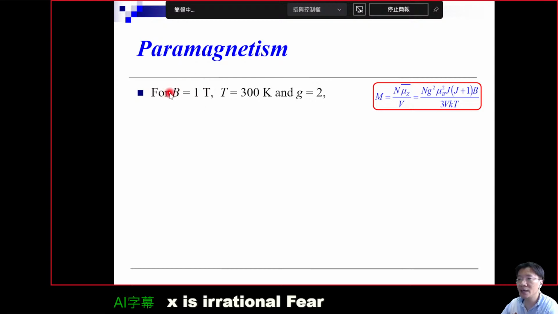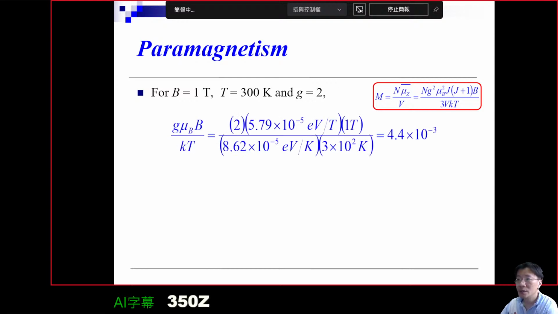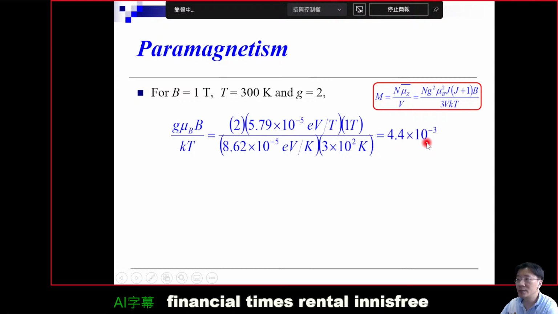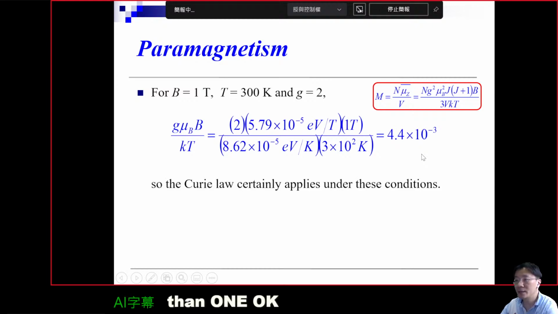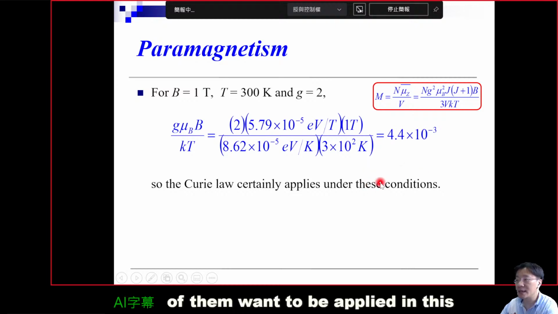In this case, with a 1 Tesla magnetic field at ambient temperature, which is 300 K, and the g factor equal to 2, we can calculate the g mu B B over kT value as about 4.4 times 10 to the minus 3. That would be thousandths, much smaller than 1. So the Curie law would be applied in these conditions.